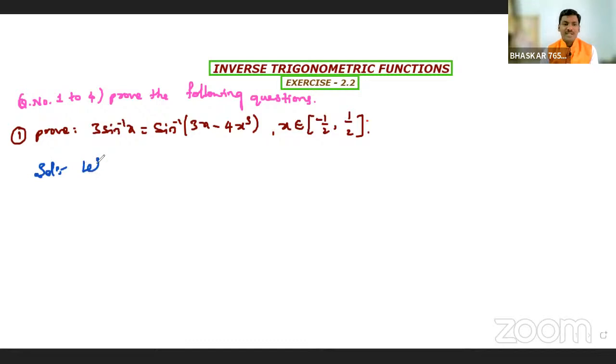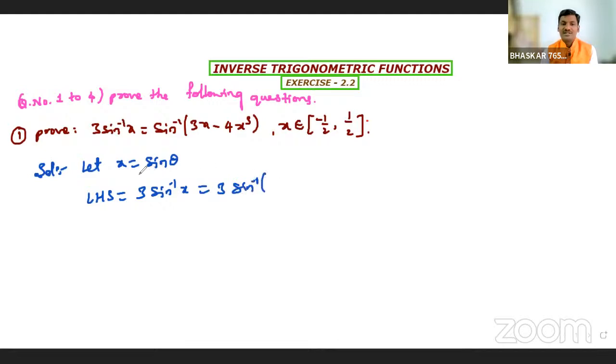Let me take x is equal to sine theta. If we consider x equal to sine theta, then what is the LHS? 3 sine inverse x, so this becomes 3 into sine inverse x.